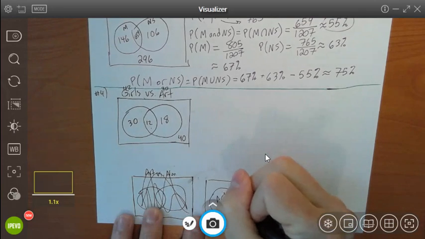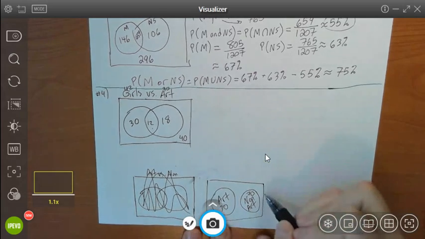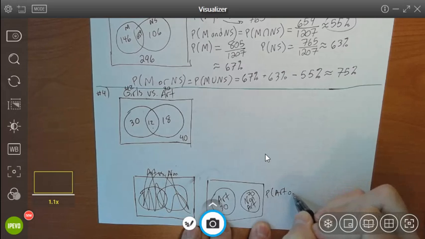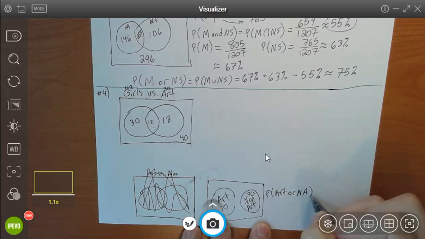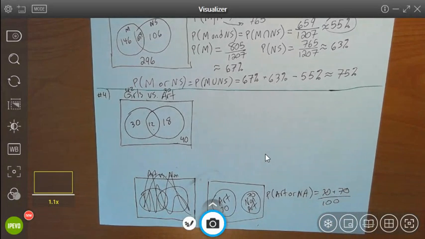And so we'd have 30 people and 70 people. So if you say the probability of art or non-art, well, that's just 30 people plus 70 people out of 100. And that's just everybody in this case. But it wouldn't always be everybody, but that's kind of what is happening there.